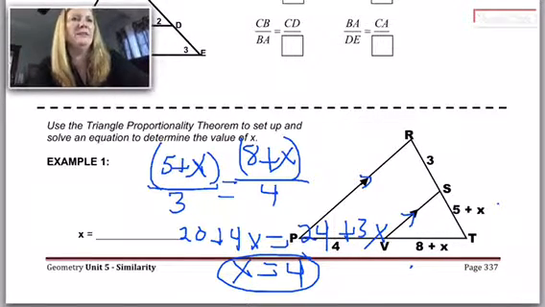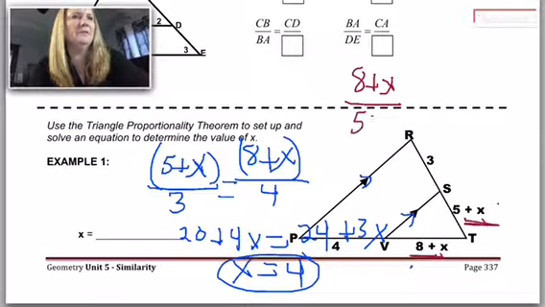Okay, let's look at maybe setting it up a different way. What if we put 8 plus x over 5 plus x and set that equal to 4 over 3.